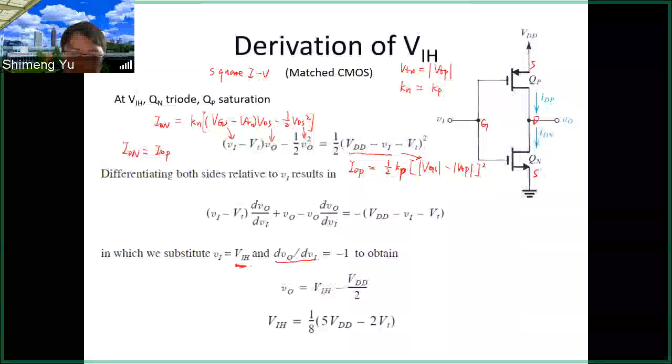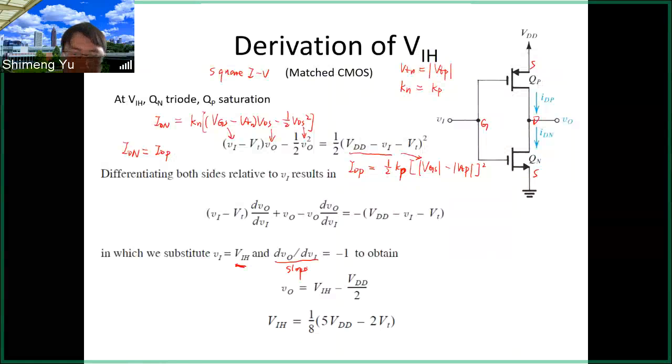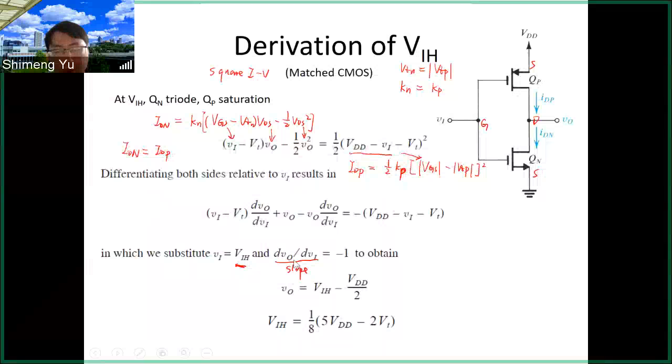This derivative of VO with respect to the VI is the slope. So this becomes -1. Basically we plug in the -1 here and -1 here. Then we can solve for the VI and we can solve for the VO.